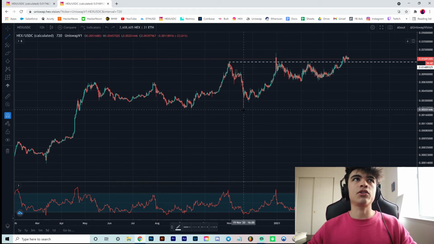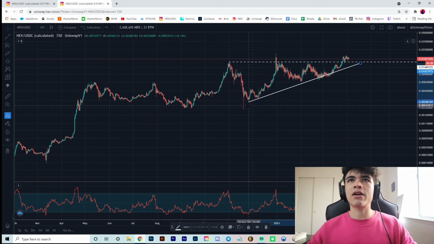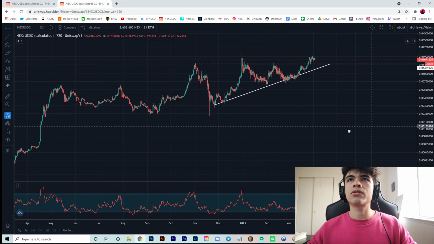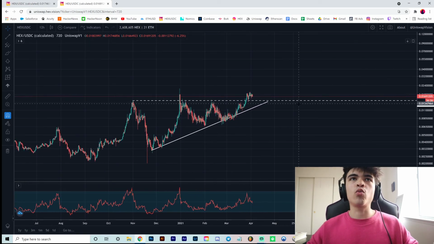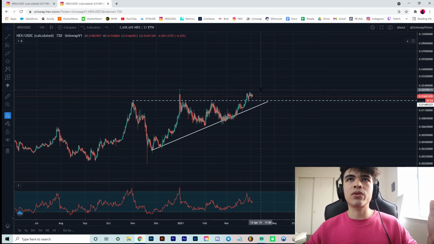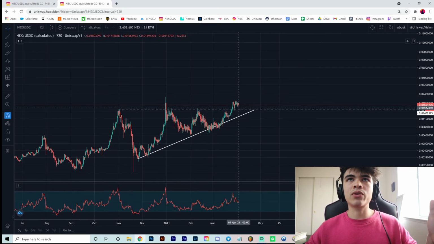And if you want, you could chart it something like this. Maybe not count that wick, so you actually capture some of these bottoms. And more or less, you have yourself a beautiful ascending triangle on the macro scale. And again, generally, we had a 2 to 3x run after these broke to the upside.